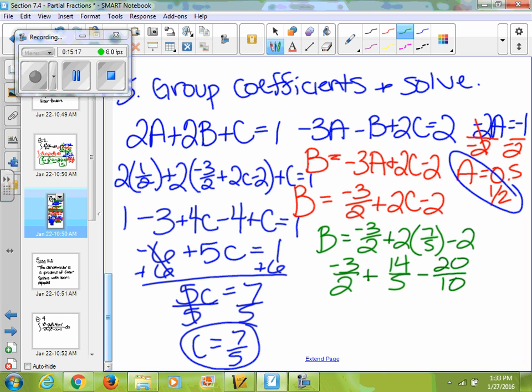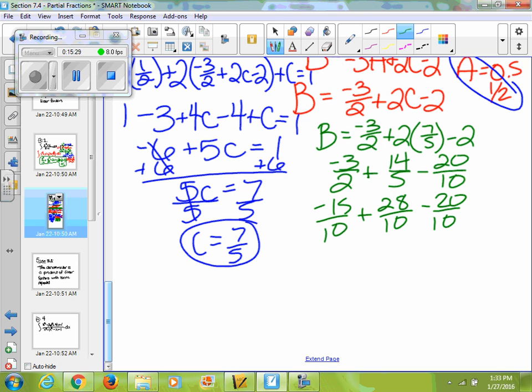And so then this would be negative 15 over 10. 14 fifths becomes 28 over 10. Minus 20 over 10. So negative 15 plus 28 is 13. 13 minus 20 is negative 7 over 10.